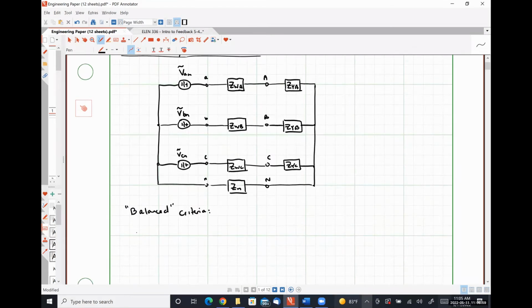The first criteria is that the magnitude of our phase voltages at the source are equal, meaning that the magnitude of VAN has to be equal to the magnitude of VBN, has to be equal to the magnitude of VCN. As we discussed in Monday's class, unless our generator is manufactured incorrectly, this is essentially guaranteed.